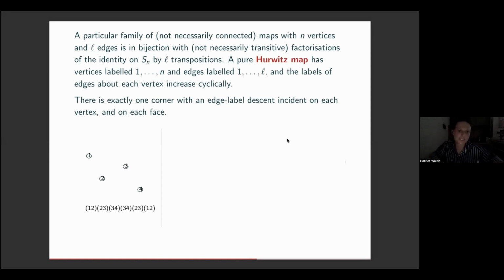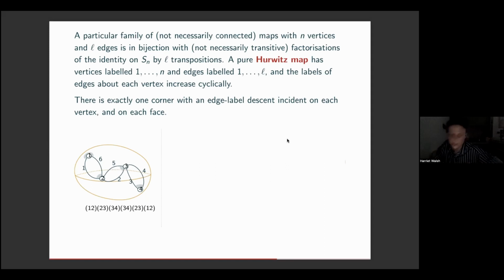So here we just take, if we're on the symmetric group of order n, we'll take n vertices, label them 1 to n, and then the L transpositions we consider, we label them and have them as edges, and depending on the order of the transpositions, we'll join up the vertices which are the labels in each one of the transpositions. So here's an example of how the procedure can work for factorization 1 2, 2 3, 3 4, 3 4, 2 3, 1 2. So this is on S4 with 6 transpositions.